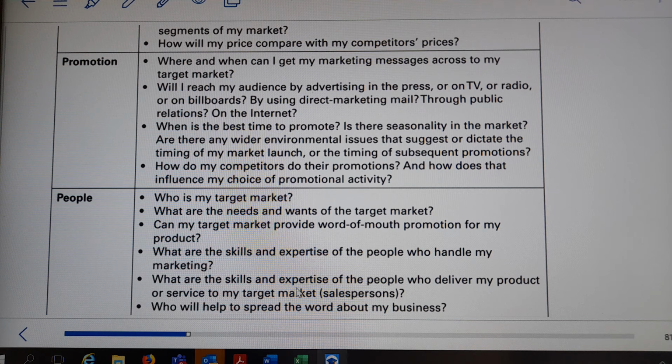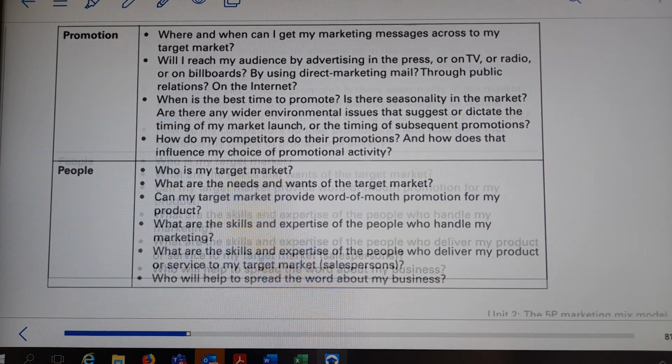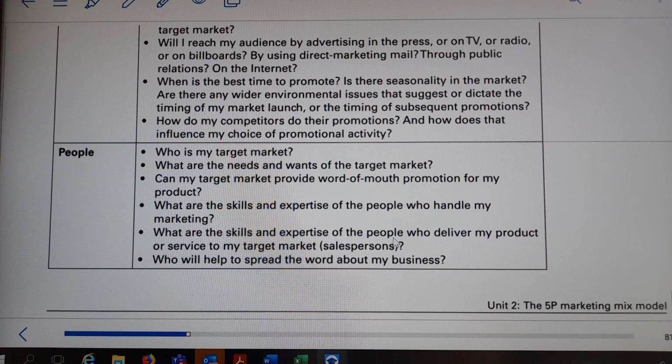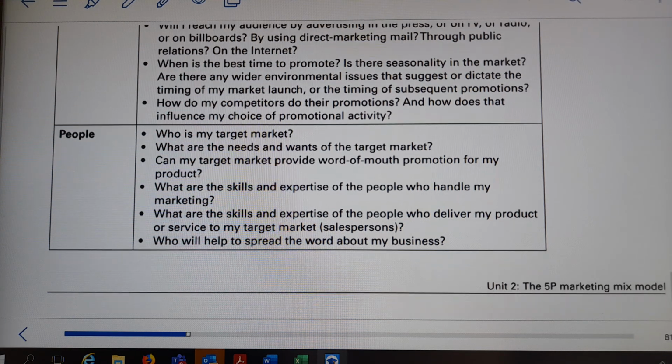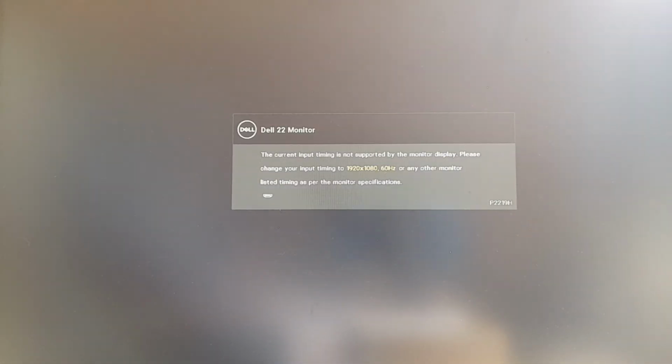What are the skills and expertise of the people who deliver my product or service to my target markets, which are my salespersons? Who will help to spread the word about my business? These are the questions that you should ask yourself about the 5 P's of marketing.